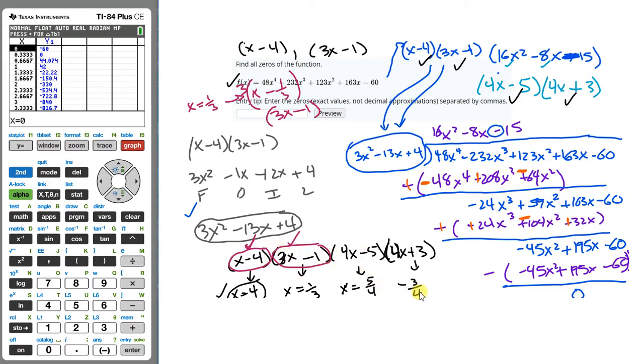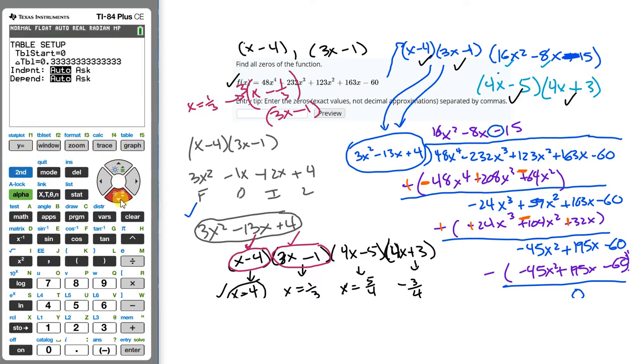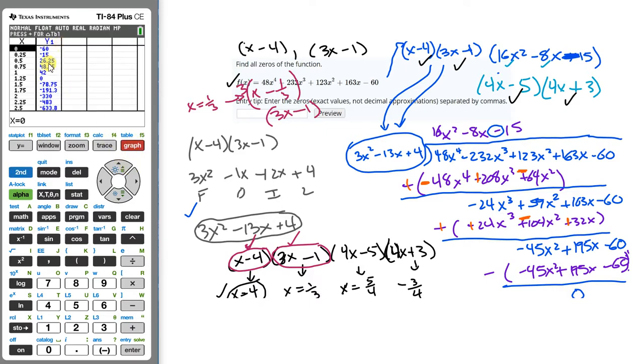Let's try 1/4, because remember, when we listed the possible rational factors, the next possible denominator would have been 4. So I go to table set and make my delta table 1/4. Now let's make a table. And let's see, I'm getting a 0 at 1.25, which is 5/4, right? 1/4, 2/4, 3/4, 1 is 4/4, 5/4.